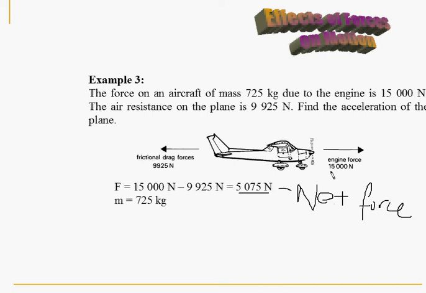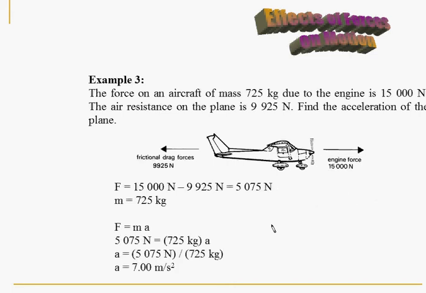Take note, this 15,000 Newton is not the net force. With the mass of 725 kg and applying F equals ma, you will realize that the acceleration is 7 meter per second square.